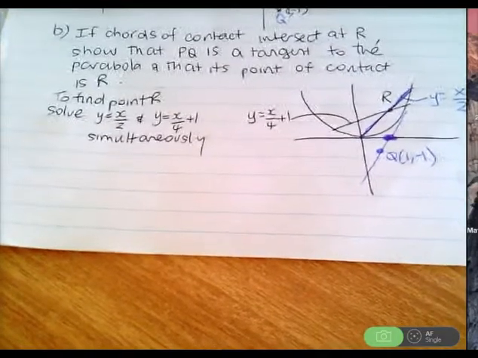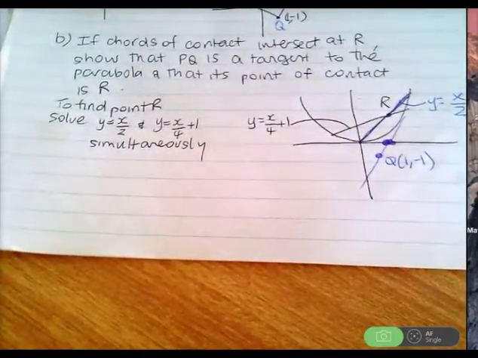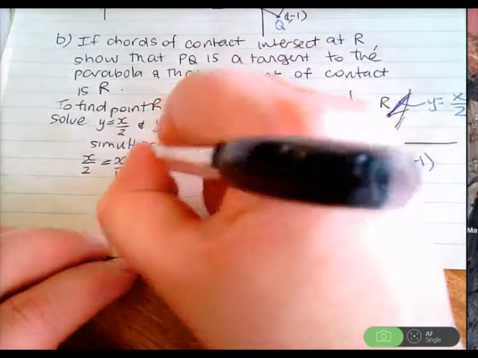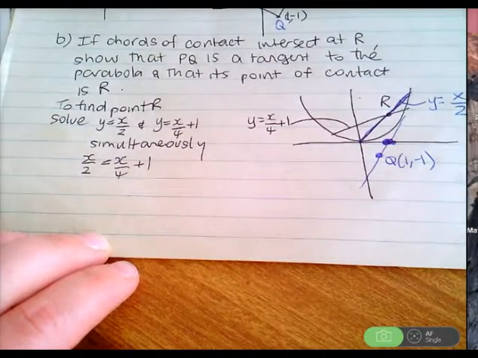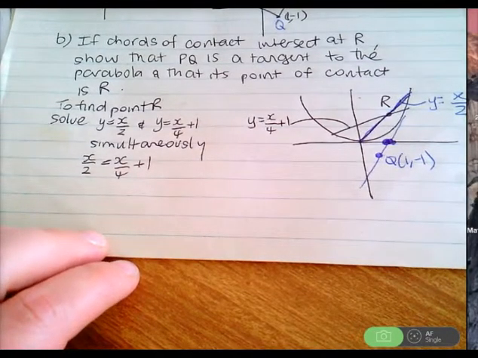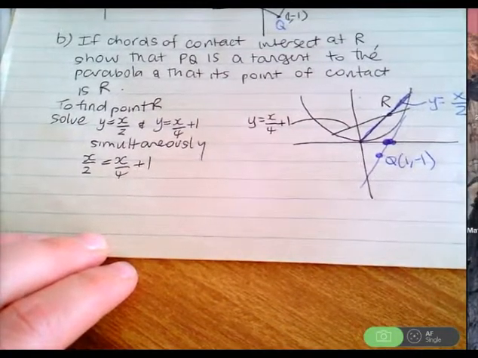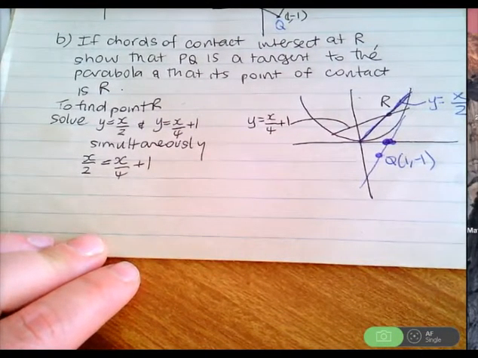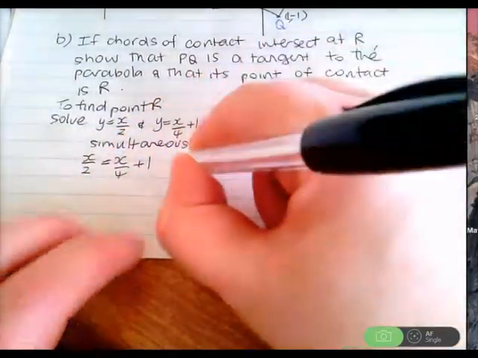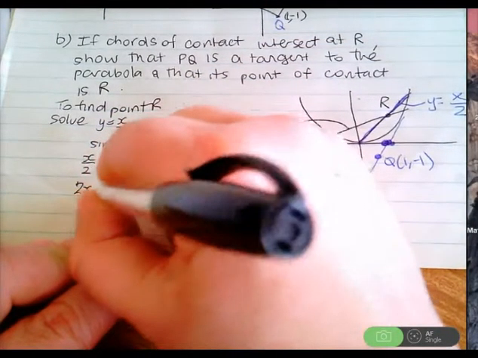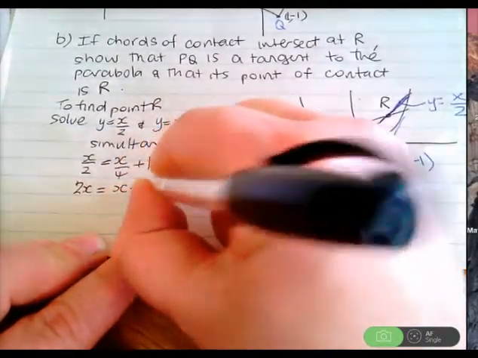So how do I solve them two simultaneously? Well, equating 1 and 2: x on 2 equals x on 4 plus 1. What are you going to do now? So if the chords of contact intersect at R, you've got the chords of contact. Let's find the point of intersection, all right? Times through by 4, yep, so you get 4x on 2, which is 2x, equals x plus 4.